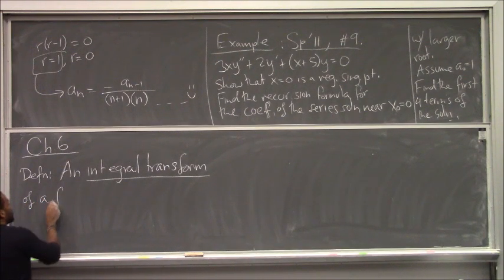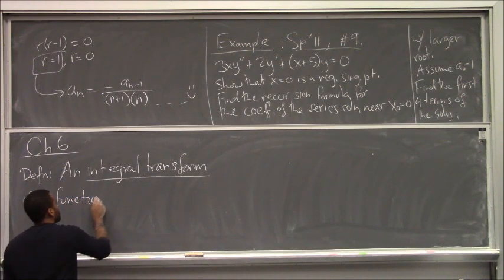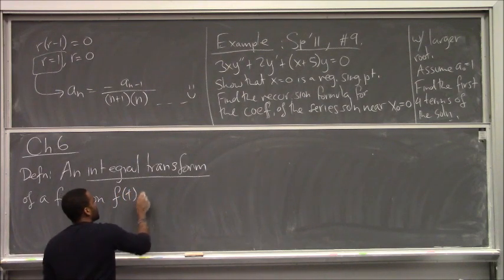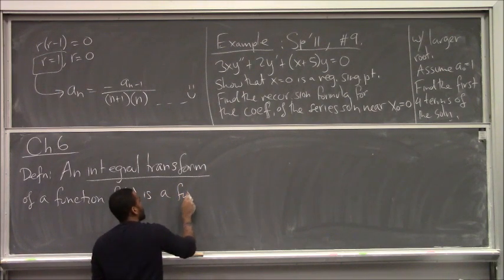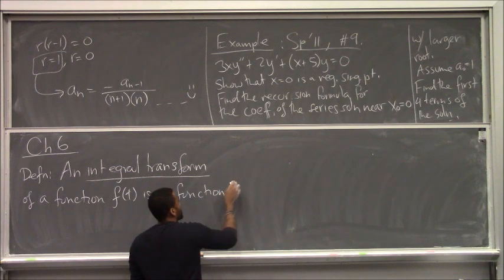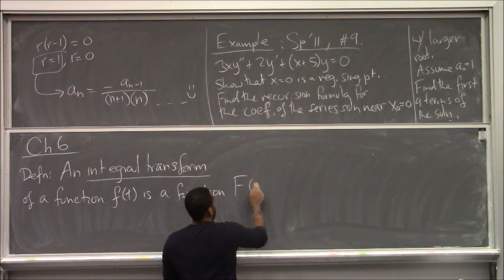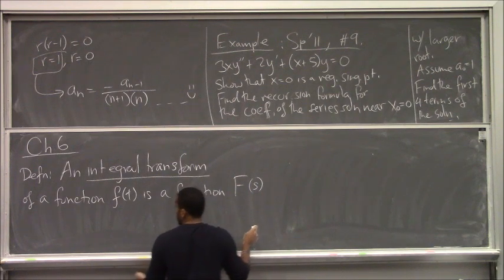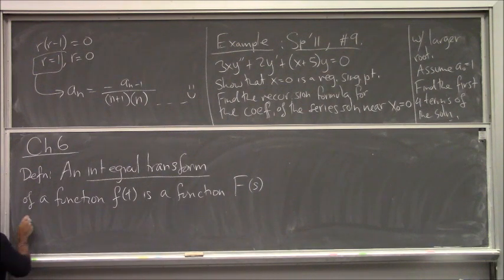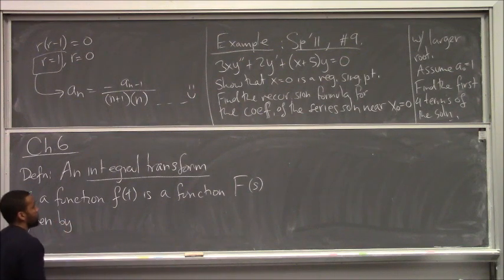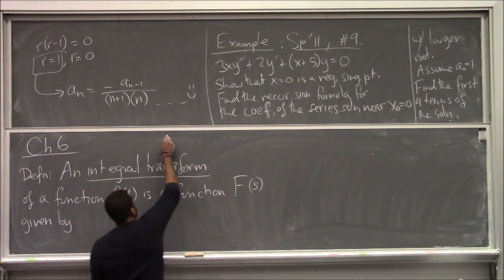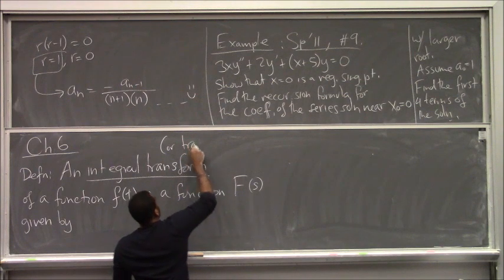Of a function f of t is a function f of s given by a transform or transformation.